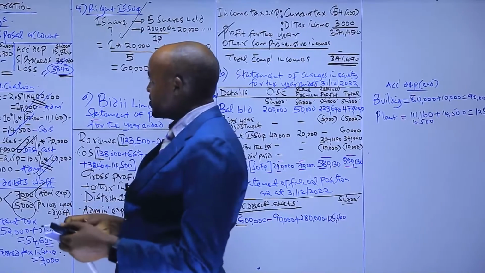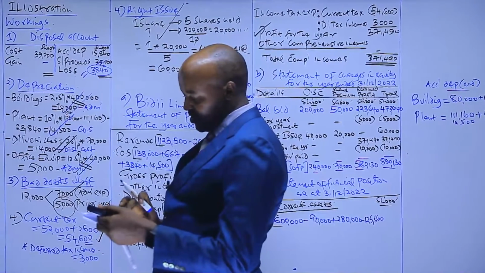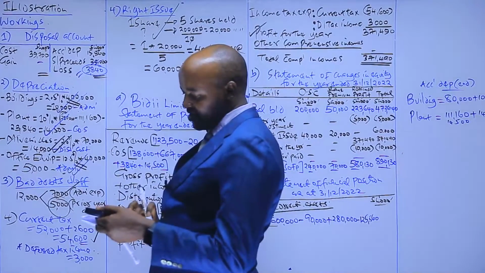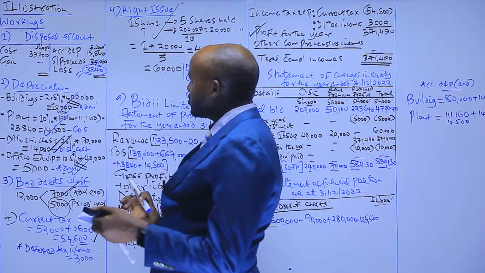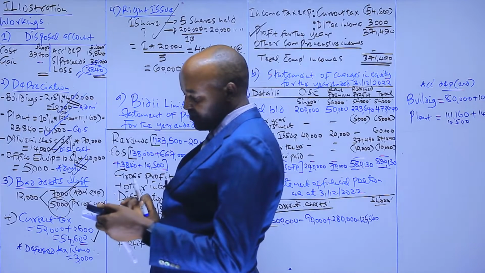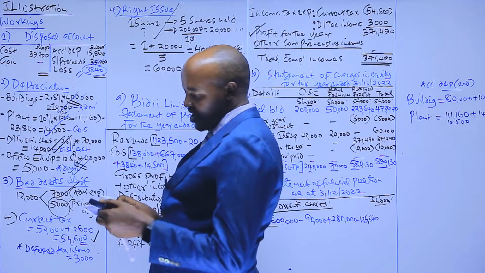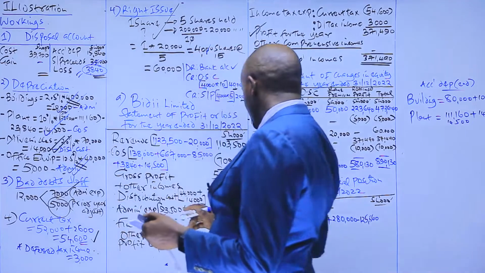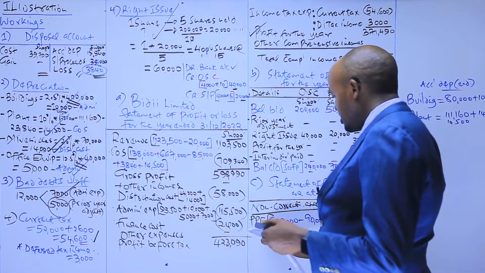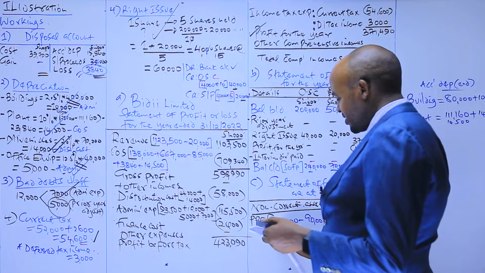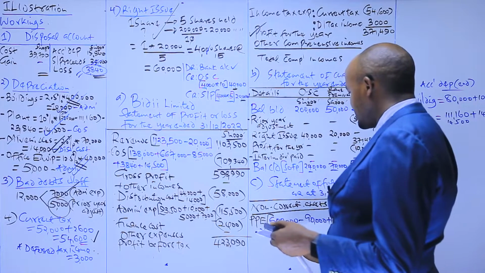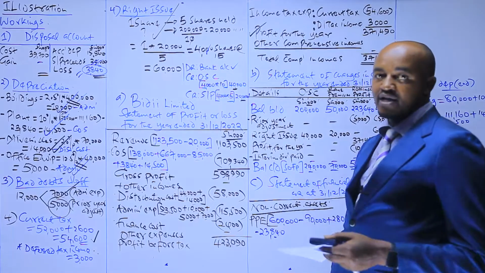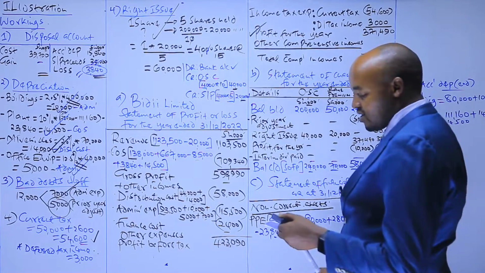I think we can compute it. Its cost was 39,700, and then minus accumulated depreciation of 15,860. So therefore, its net book value was 23,840. So what we have deducted here is the plant which was disposed because it was not accounted for.